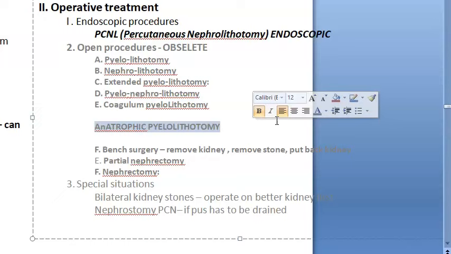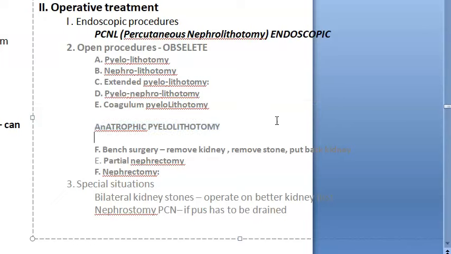Then the kidney is opened through Brodel's line and stones are removed. So this is another type: expose kidney, open kidney, remove stones. This is something to prevent atrophy, atrophic pyelo-lithotomy.